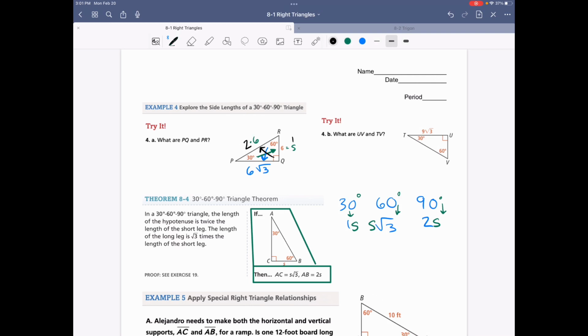So, right, because there's a 6 in each piece of it. 1 root 3 and 2, and each piece has a 6. So the S is equal to 6.